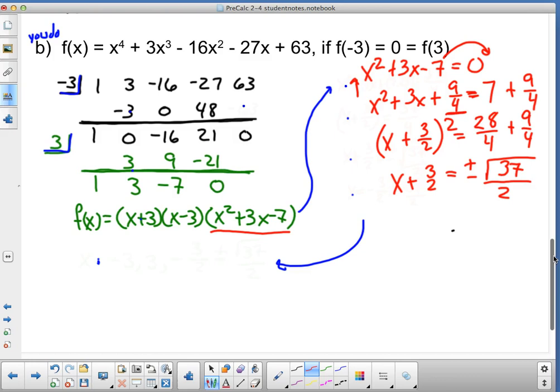Now, I'm just going to get that across, so I got x is equal to negative, so I'm just going to put a fraction bar in there. Or I could even say it's -3 plus or minus the square root of 37, all over 2.